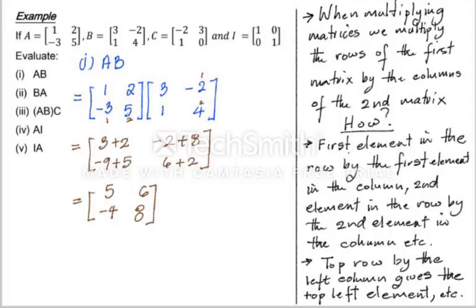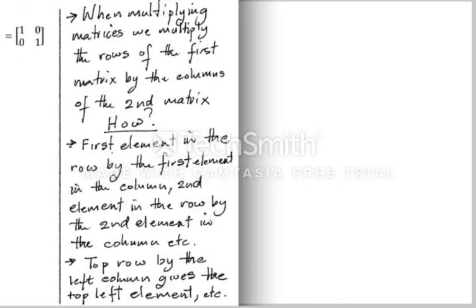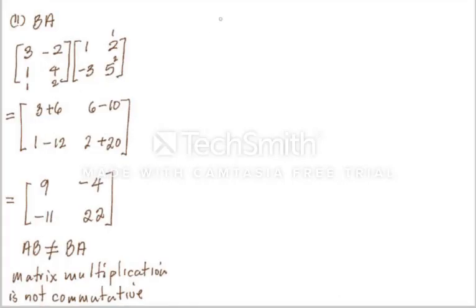So let's multiply A by I. A is 1, minus 3, 2, 5, multiplied by I. I is 1, 0, 0, 1.